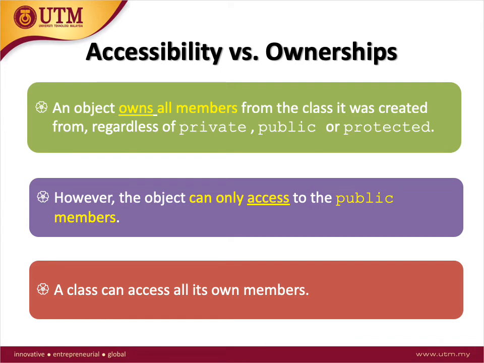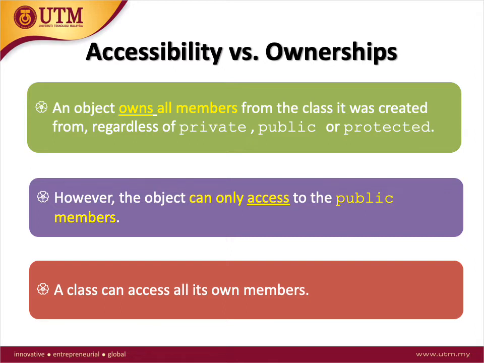So you have to differentiate between access and what the class owns, which members are in that class. An object owns all members from the class it was created from, regardless of private, public, or protected. So this is inside the class; whatever members are in that class, it owns all of them. This is different from access.